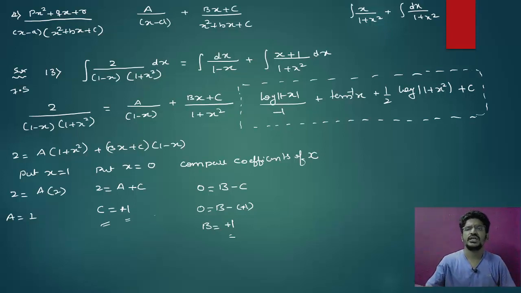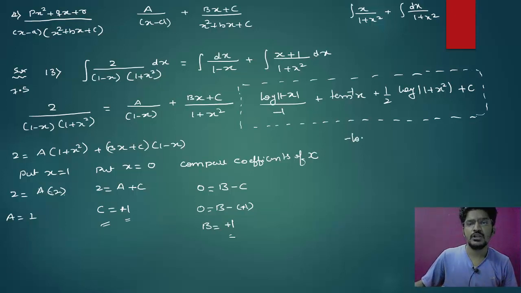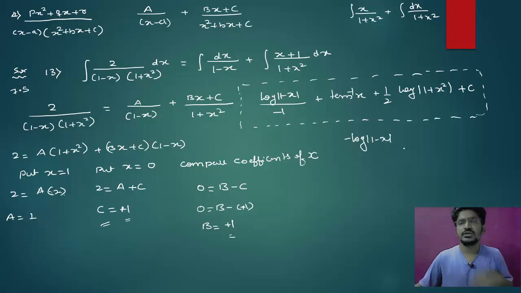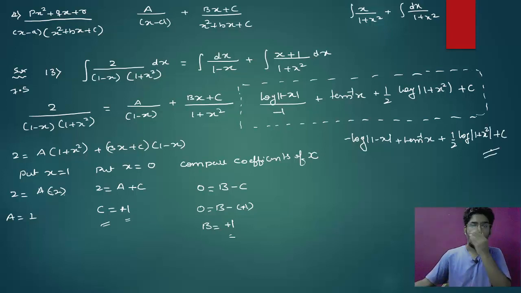So now you got the right answer. Okay students, so now we got the answer, that is minus log of mod of 1 minus x plus tan inverse x plus 1 by 2 log of mod of 1 plus x square plus c, this will be your answer.